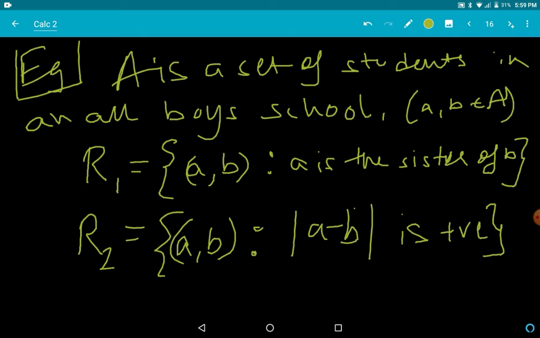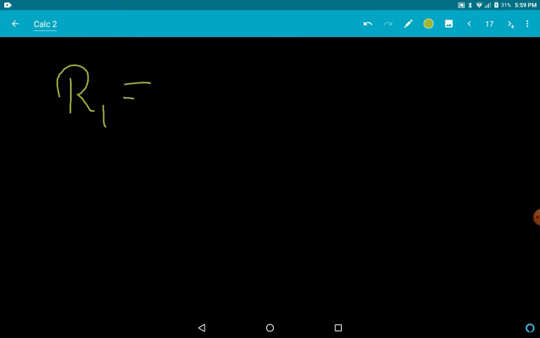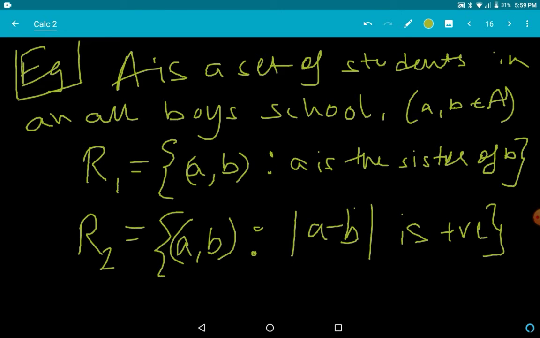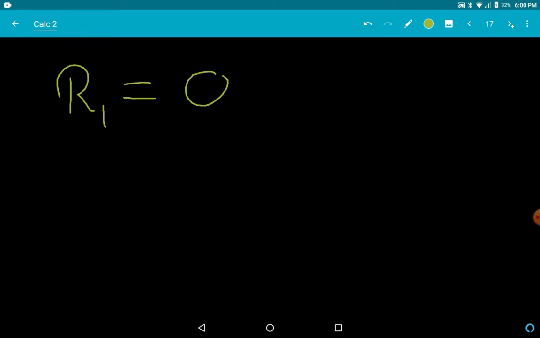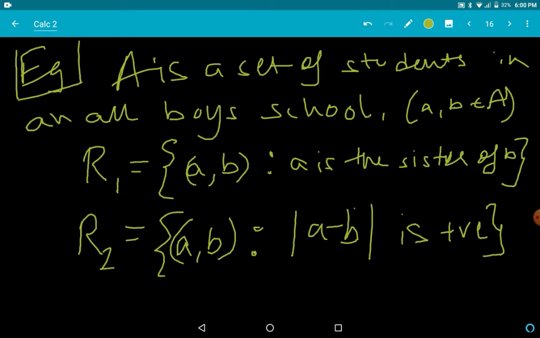Now let's talk about R1. As you can see, it's an all boys school, so a is the sister of b means that for any two, a and b belonging to A, both are boys, so one cannot be the sister of another. So the R1 set is a null set. And for R2, (a, b) are the weights here, sorry, extremely sorry.